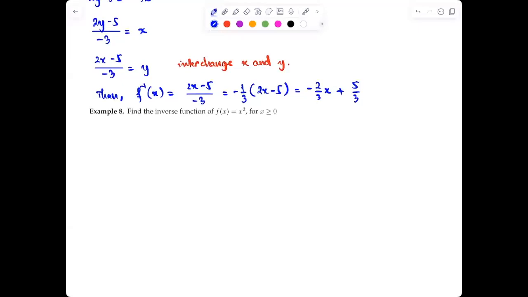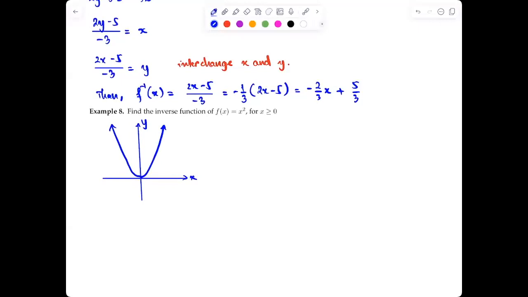So for x squared, this is x, this is y, this is the parabola, right? If you consider the entire parabola, this is not a one-to-one function because of the horizontal line test. You with me on that? Therefore, you need the condition that x is greater than or equal to 0.